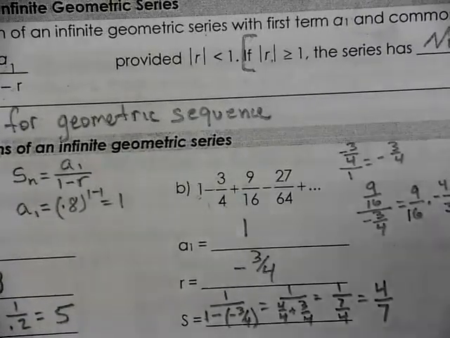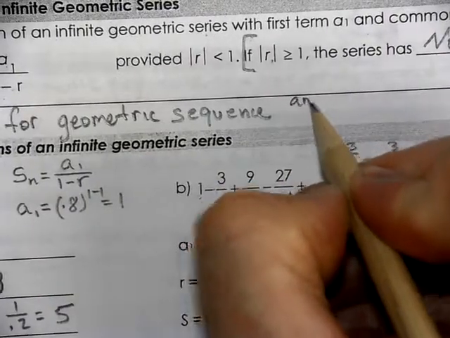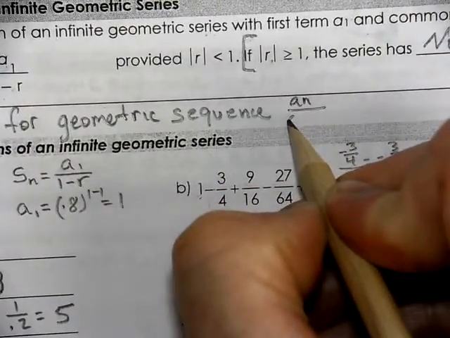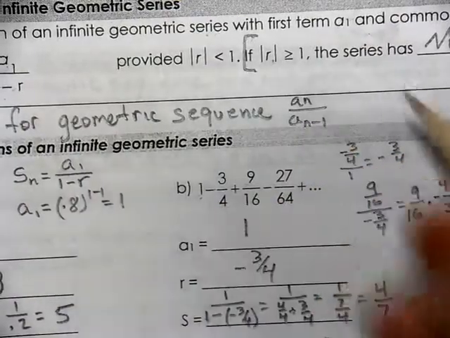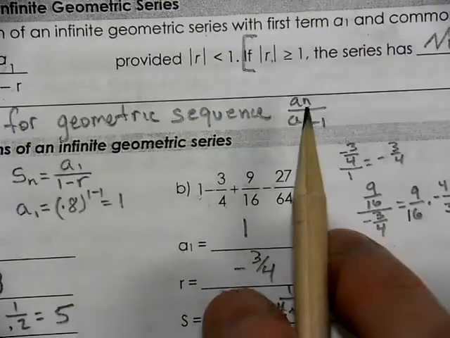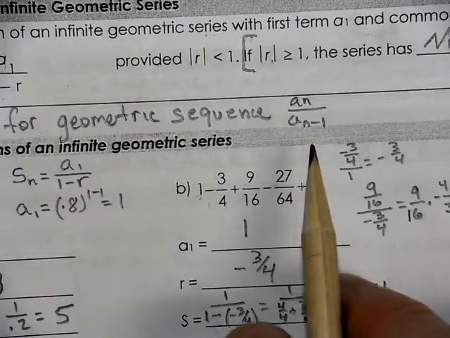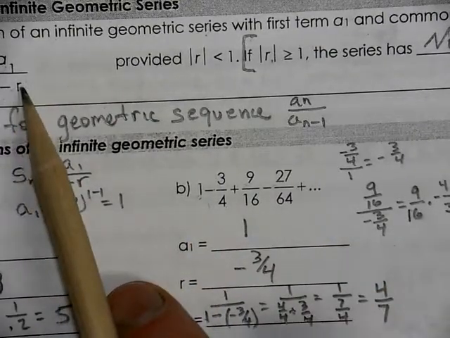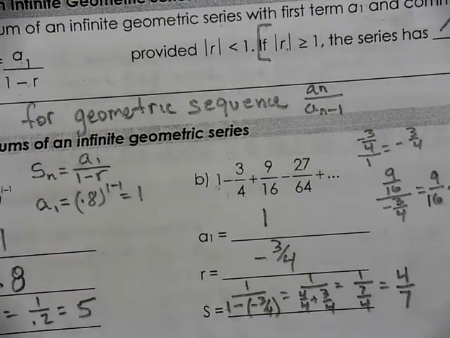The test for a geometric sequence is a of n over a of n minus 1. Take a term, divide it by the one before it.